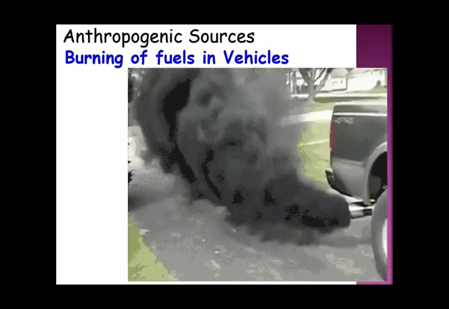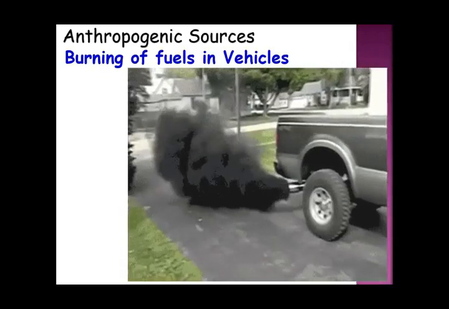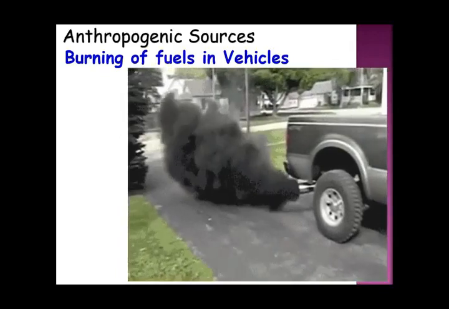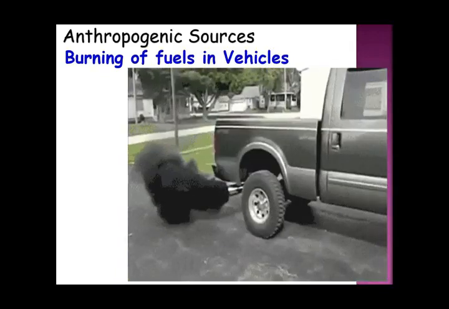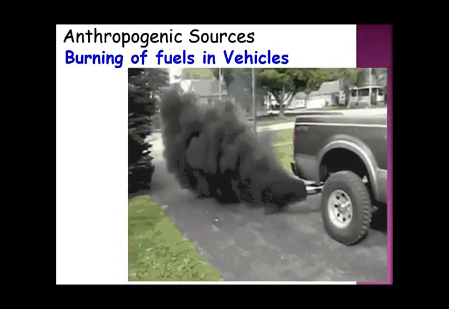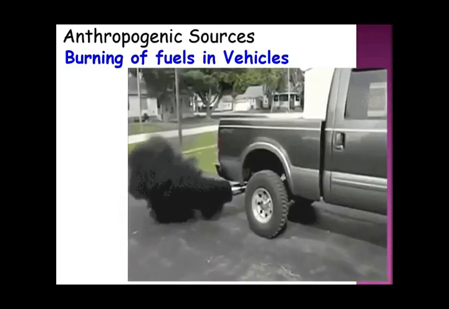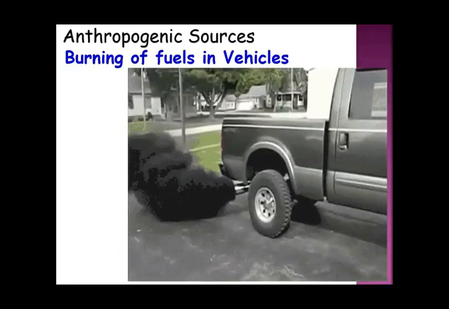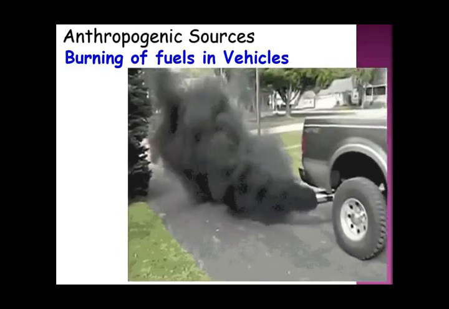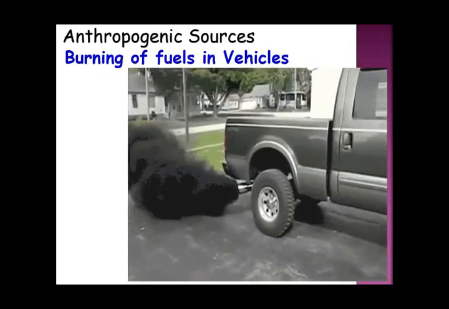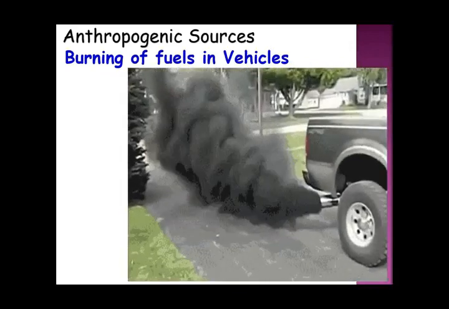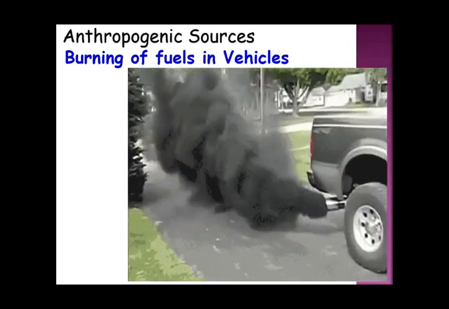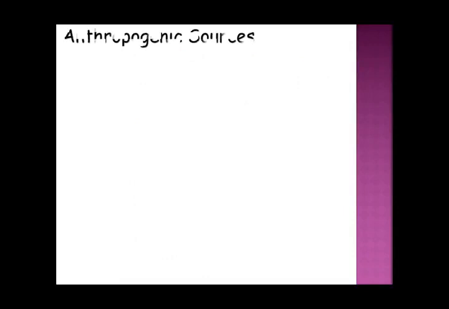When fossil fuels like petrol or natural gas are burnt in the internal combustion engine of vehicles, they produce poisonous gases like carbon monoxide, oxides of nitrogen, unburnt hydrocarbons and smoke. Smoke contains unburnt carbon particles suspended in air. So the combustion of fossil fuels in vehicles is one of the major sources of air pollutants.